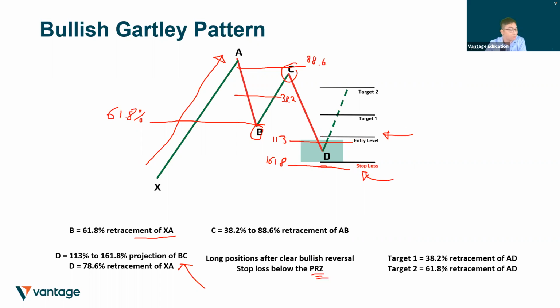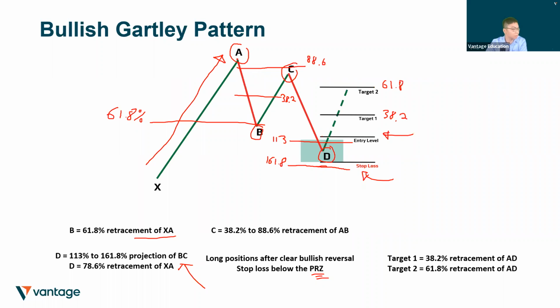And your target one for this pattern is at 38.2% retracement of A and D. So it's pretty confusing. So it might take a while for you to slowly understand it. 38.2% retracement of AD for target 1, and for target 2, it extends towards the 61.8% retracement.